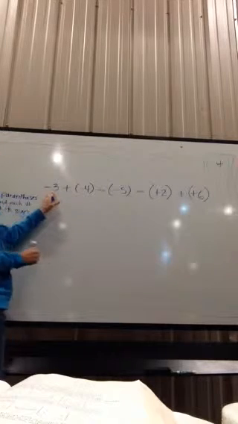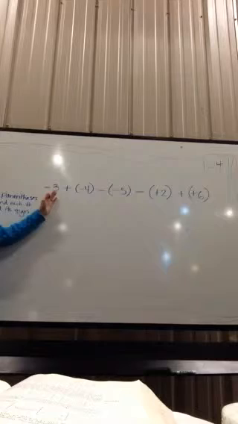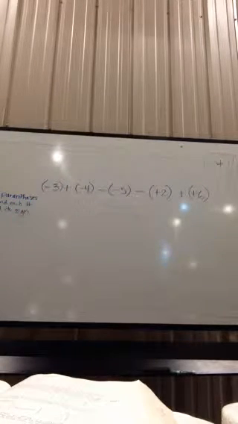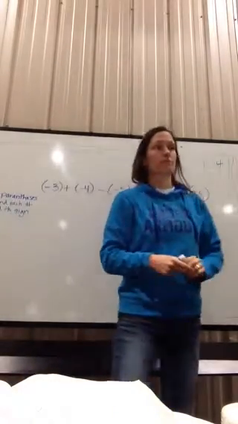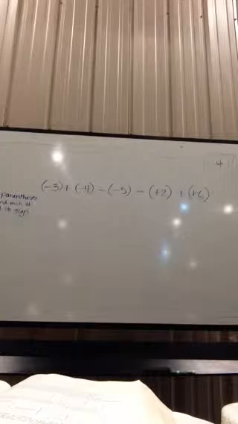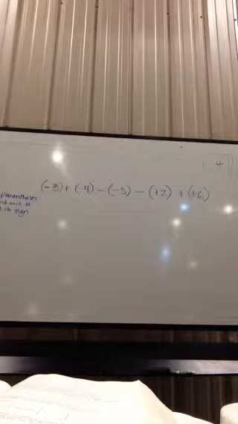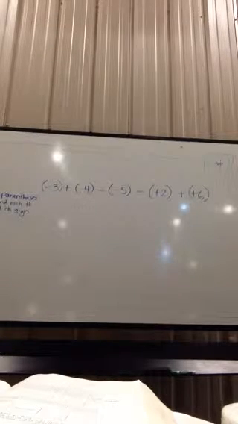This was the problem in the book, and they did not put parentheses around it, so I'm going to. All the pluses and the minuses you leave alone for right now. Just put parentheses around the signed number.